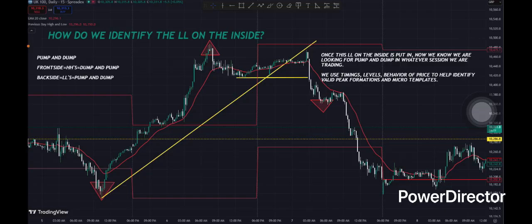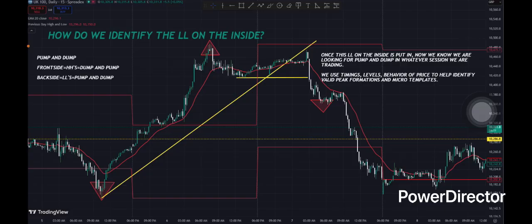Now we're going to be using timings, levels, and behavior of price to help us identify valid peak formations and micro templates. It's very important because when you're looking at your charts, you're going to see peak formations all over the place. You're going to see the template, pump and dumps and dump and pumps all over the place, because that's just how the market moves.